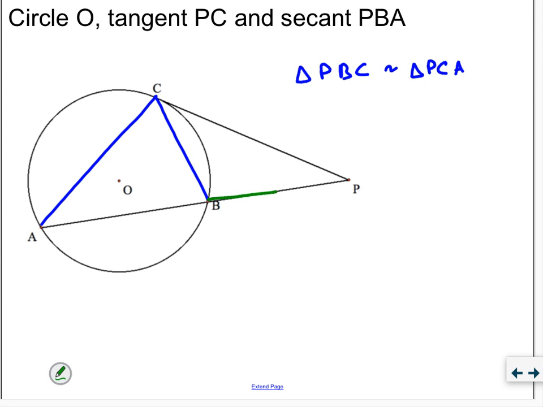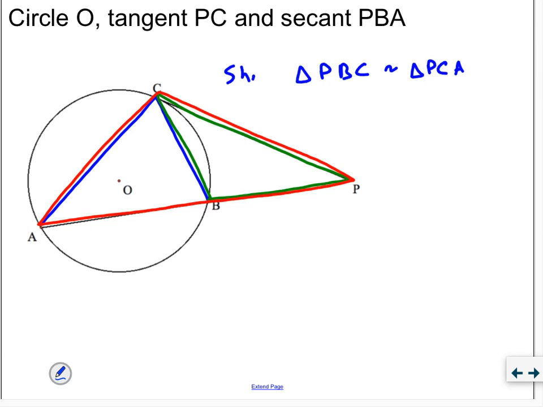I'm going to show that my green triangle is similar to my red triangle. And let's talk about why that's true.